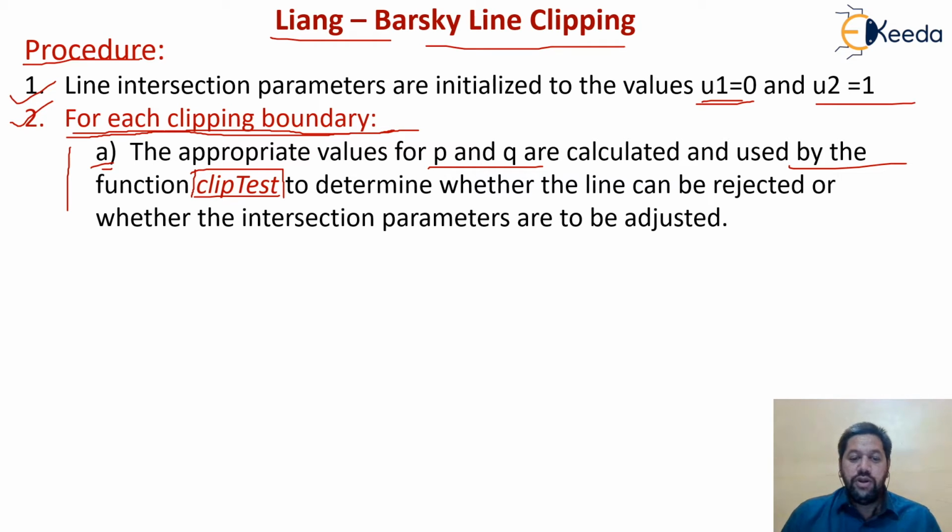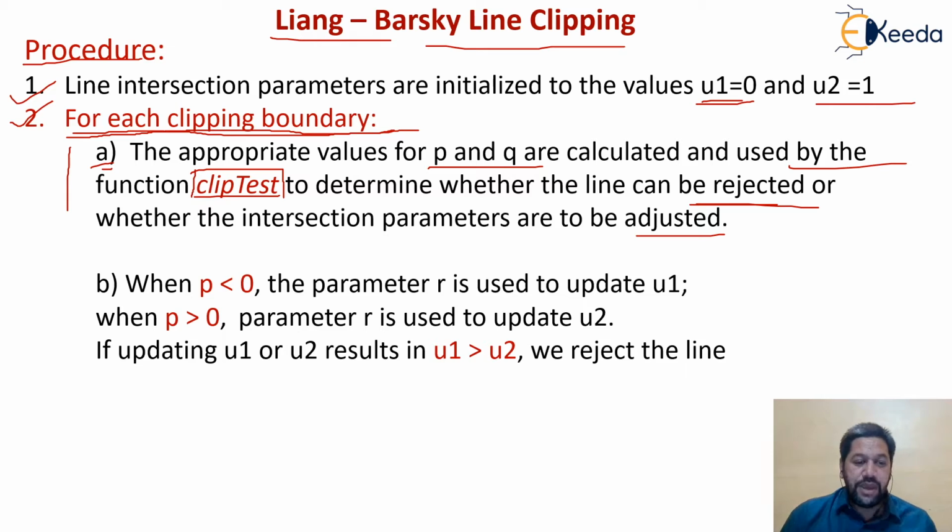It determines whether the line can be rejected or whether the intersection parameters are to be adjusted. That is why I said it is similar to our visibility test. It determines whether the line can be rejected directly, so there is no need to clip the line. That is what we are considering in step A.